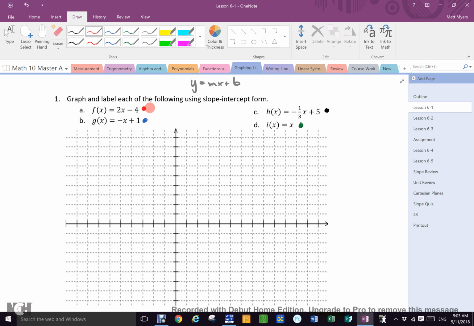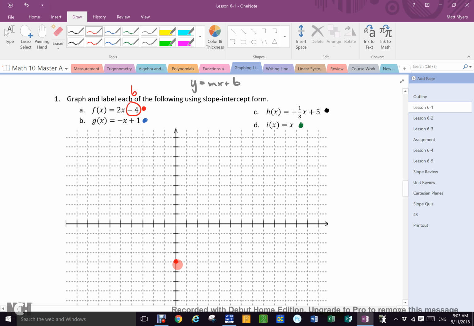Negative 4. Why is it negative 4? Because the b is negative 4. That's b. 1, 2, 3, 4. Does everybody understand that? Because I can't go on if you don't. Does everybody get that this number is my y-intercept?